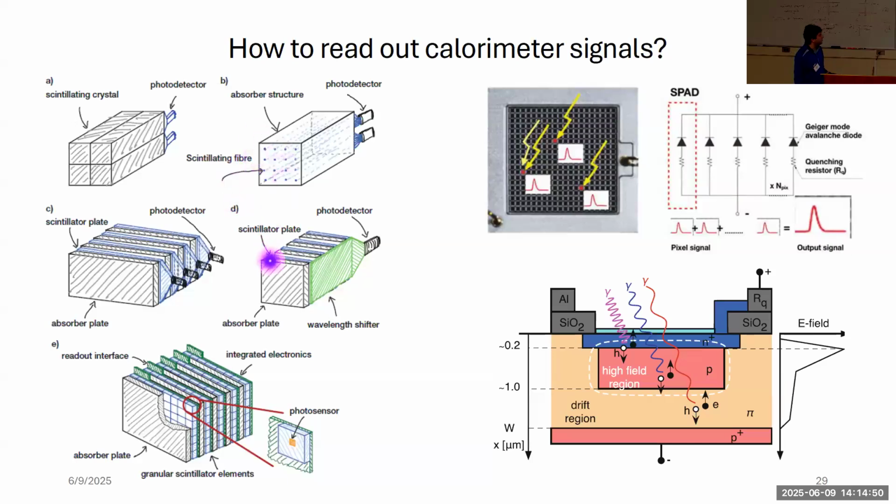And one way to do it, for example, if you had this sampling calorimeter, is for each of these layers that produce scintillating light, you attach a wavelength shifting plate, and that basically guides the light into a photodetector.